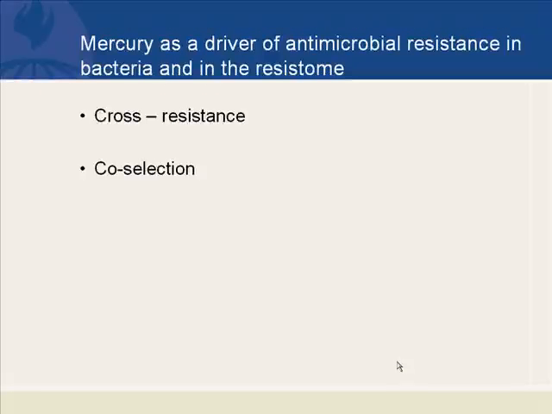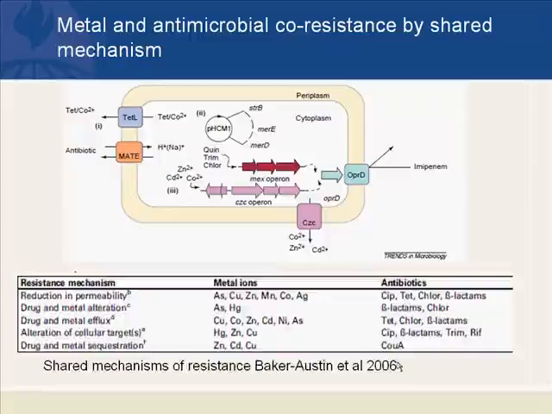It also is interesting because it participates in antimicrobial resistance, and it does this through two mechanisms. The first is related to cross-resistance and co-selection. So metals and antibiotics can share mechanisms by which microbes deal with pressures from one or the other. This is primarily through shared efflux pump mechanisms.